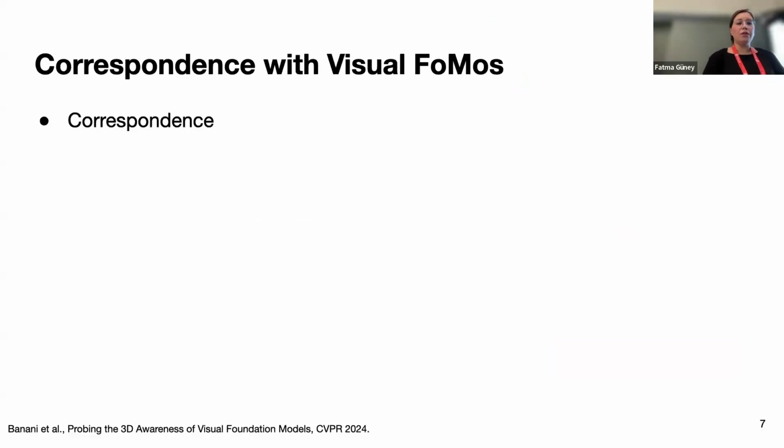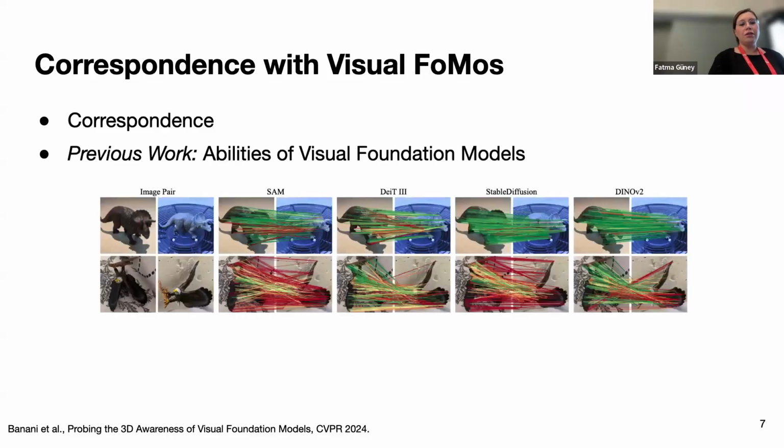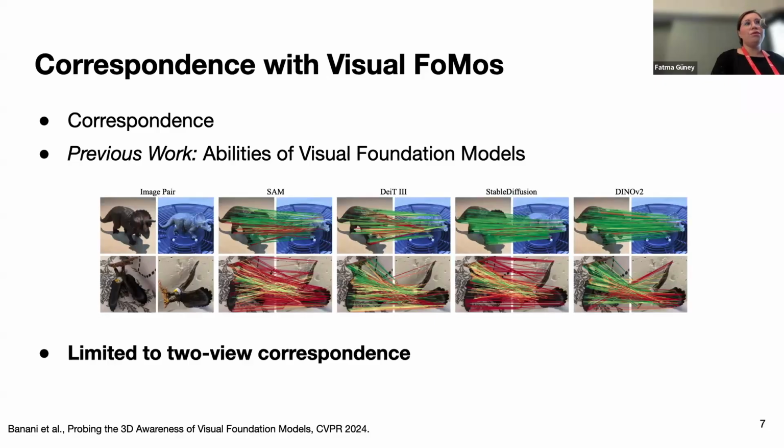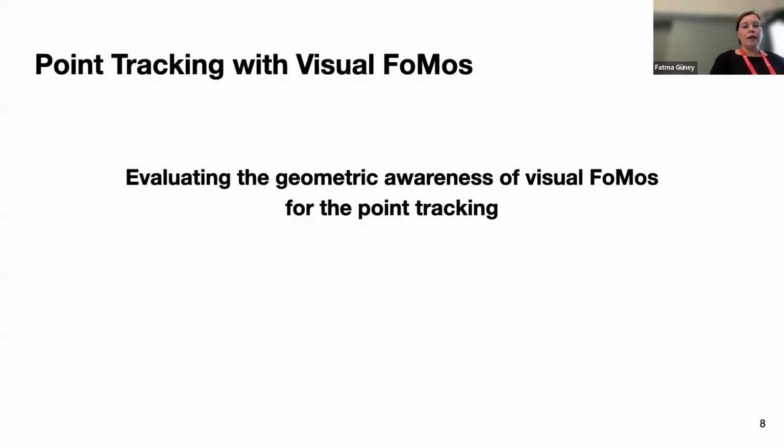Correspondence is one of the fundamental problems in computer vision, and it is very important for many tasks like 3D reconstruction and so on. There was some previous work exploring the capabilities of these visual foundation models for correspondence, but they were limited to 2-view correspondence. There was no prior work assessing their abilities for the long-term correspondence problem in point tracking.